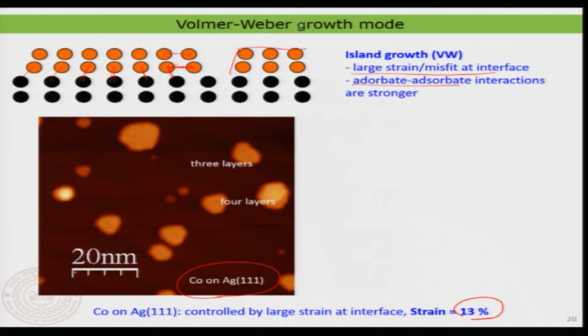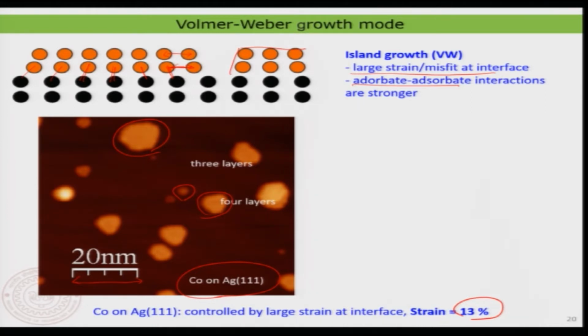Please note here the scale is about 20 nanometer, and each of the islands, as you see, is very small. You can see small islands, large islands, but all the islands that form are about 5 nanometer in size, or 10 nanometer maximum.